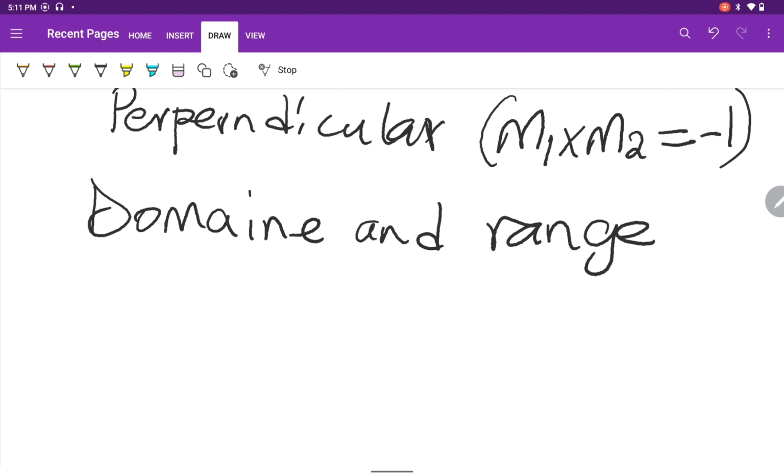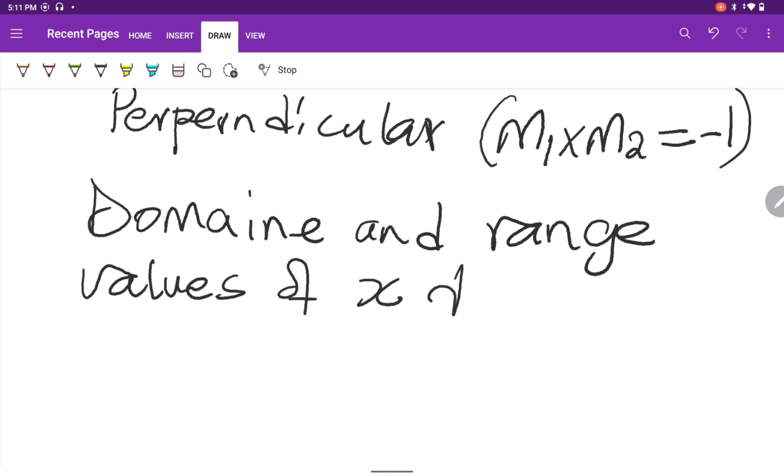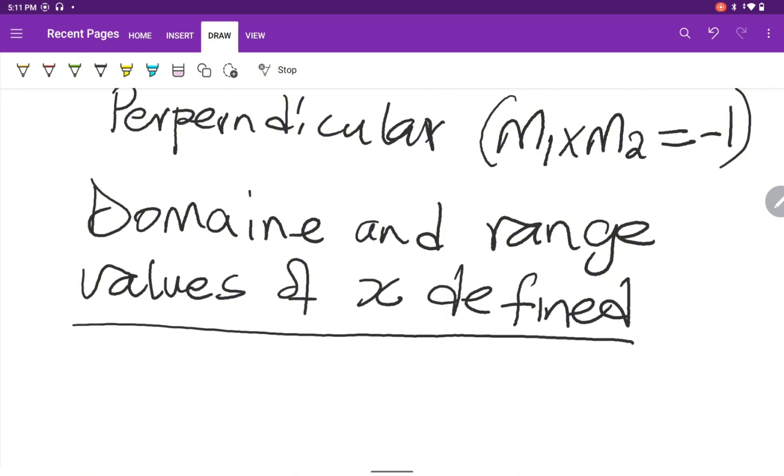We said that a domain is all values of x that are covered or defined on the graph. So we want to know which values of x are defined on the graph. If we have a graph y equals mx plus c, we want the values we can substitute for x and get a corresponding y value.